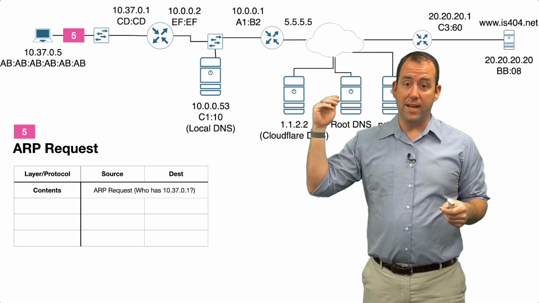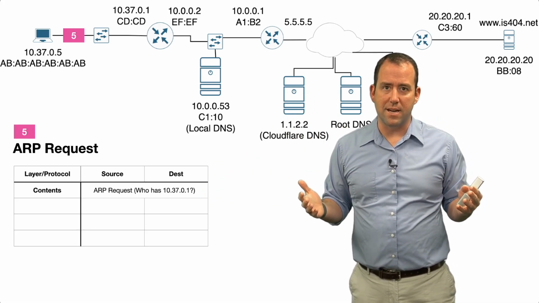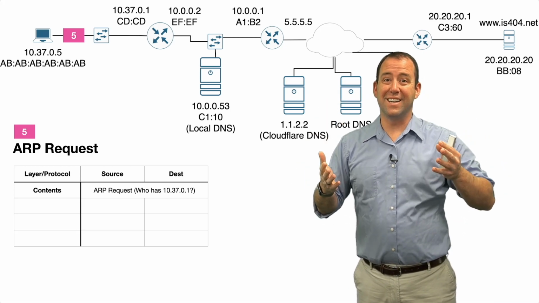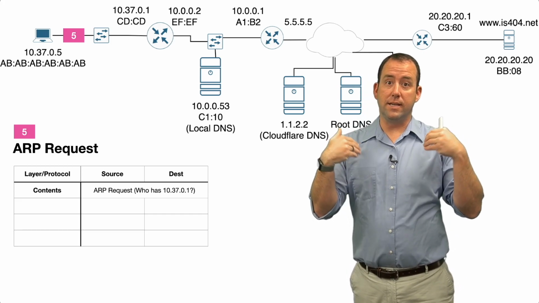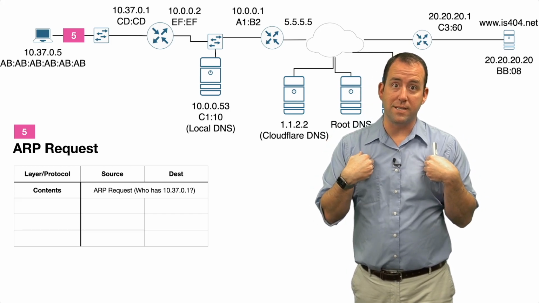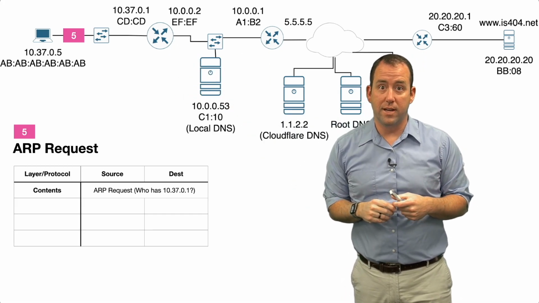And the contents of that is who has 10.37.0.1. How do we know that it's 10.37.0.1? Again, because our DHCP told us that. It told us that if our destination address is not within our local network, then we need to send it to our default gateway, which in our case is the router 10.37.0.1.